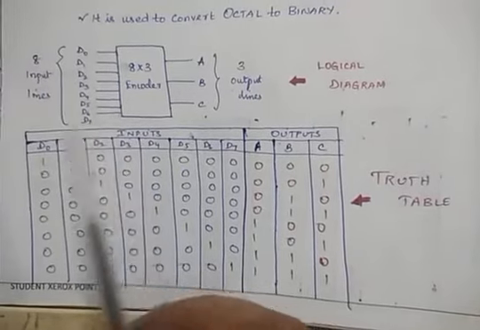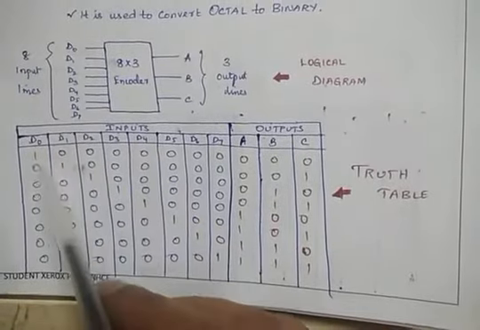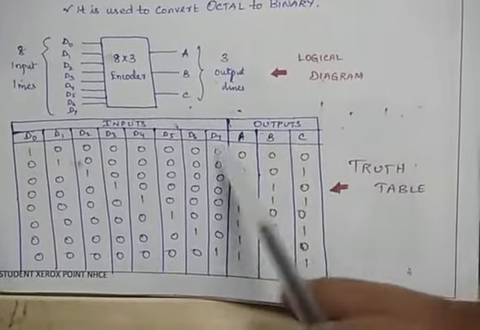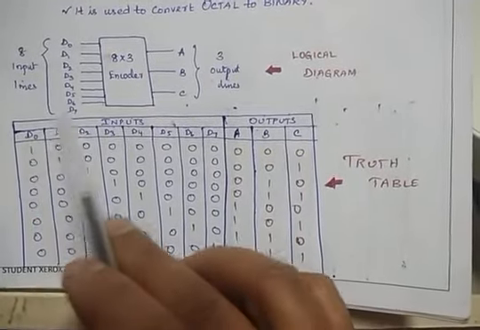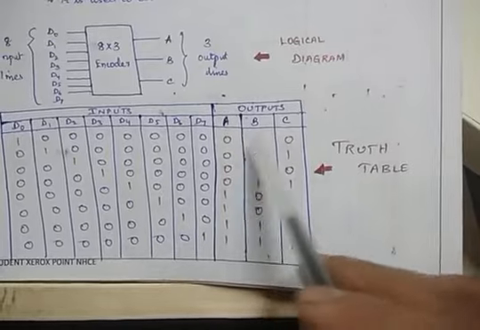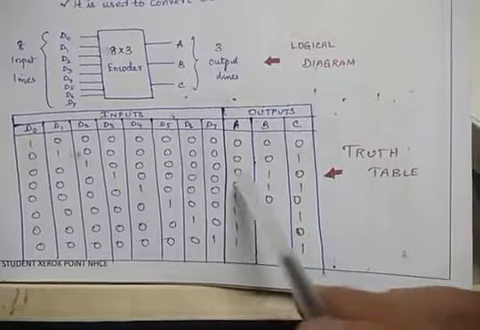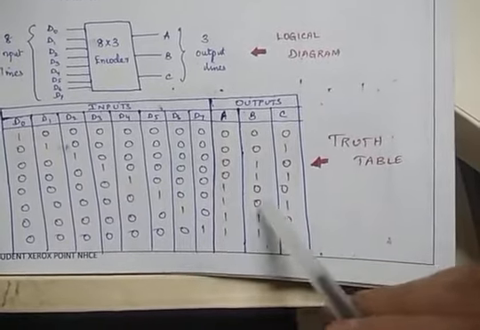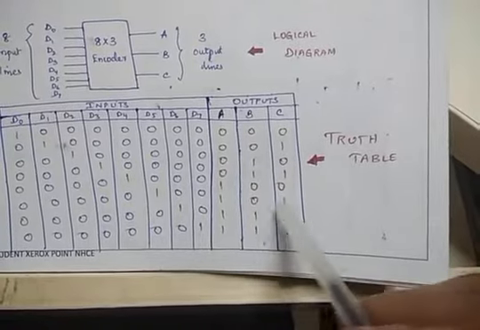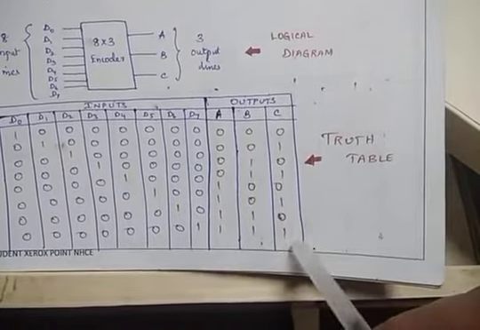Like that, if I'm giving a value here, suppose if I'm giving 0 here, generally we know, when you convert octal number 0 into binary you will be getting 0, 0, 0. Similarly, 1 means 001, 2 means 010, 3 means 011, 4 means 100, 5 means 101, 6 means 110, 7 means 111.